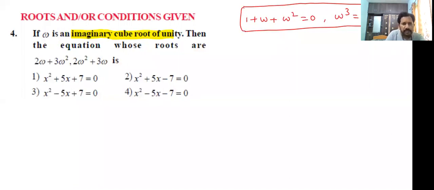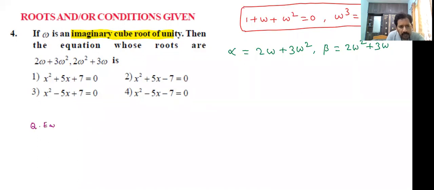And here two roots are given. One is alpha. Alpha is equal to 2 omega plus 3 omega square. And beta is given as 2 omega square plus 3 omega. We need to find a quadratic equation.